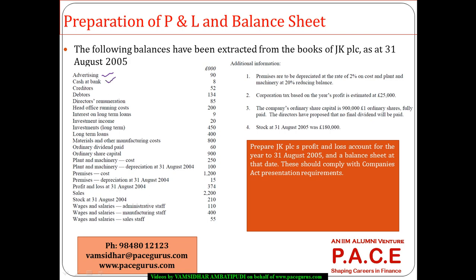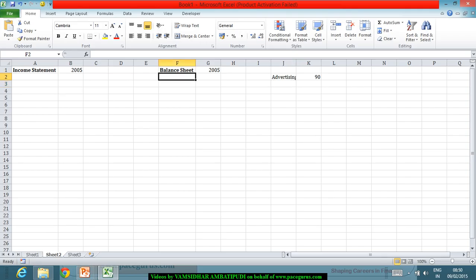Cash at bank, I can directly take it as a part of the current assets here, right? Or probably what we can do is we can give a broader structure first of all, and see whichever numbers are there we can directly put into the structure. So in general, it is the sales, then we have cost of sales, and based on that we are going to get gross profit.